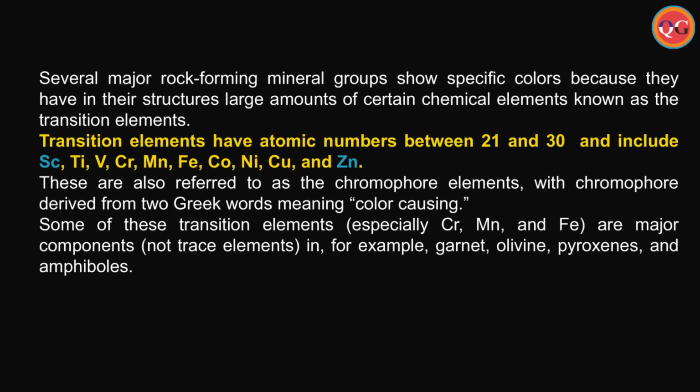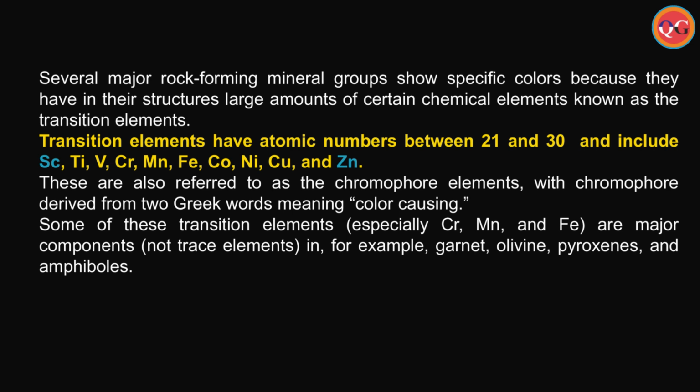Several major rock-forming mineral groups show specific colors because they have in their structures large amounts of certain chemical elements known as the transition elements. Transition elements have atomic numbers between 21 and 30 and include scandium, titanium, vanadium, chromium, manganese, iron, cobalt, nickel, copper, zinc.